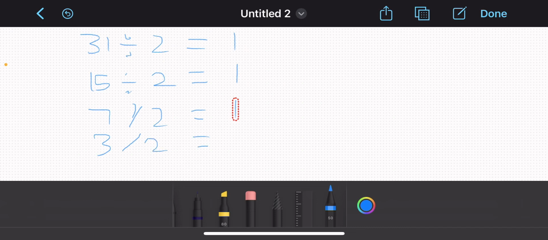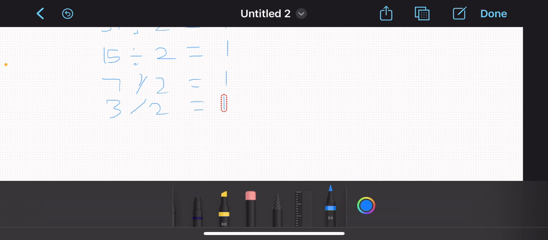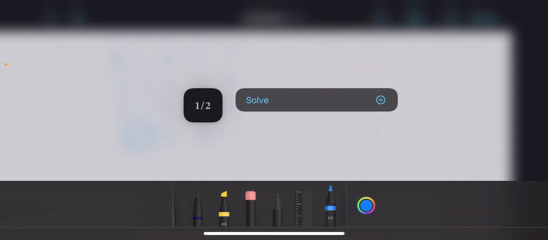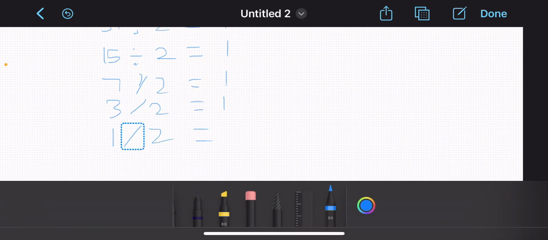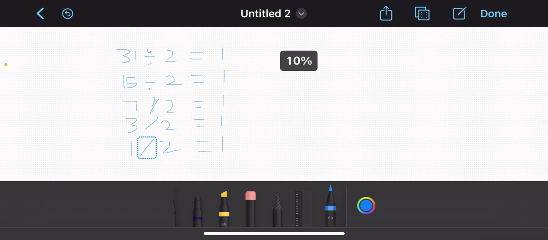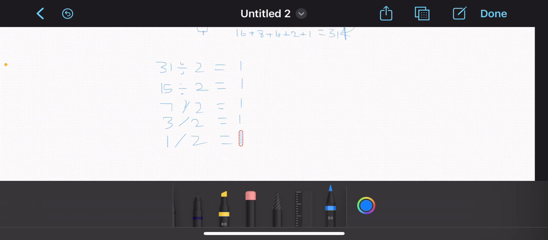We will just take 3. 3 divided by 2 equals 1. The remainder is 1, right? And then what is 1 divided by 2? It equals 0.5, but we write 1 as the remainder, which is the last one.